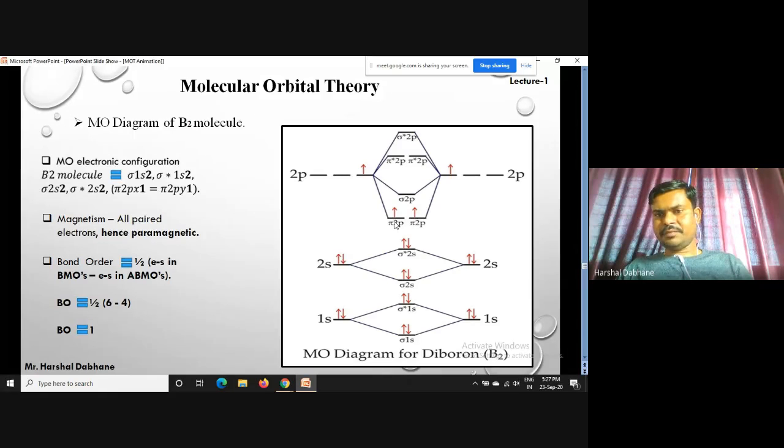We get pi 2py and pi 2pz, and pi star 2py and pi star 2pz. So this is the construction of the MO diagram of the B2 molecule.